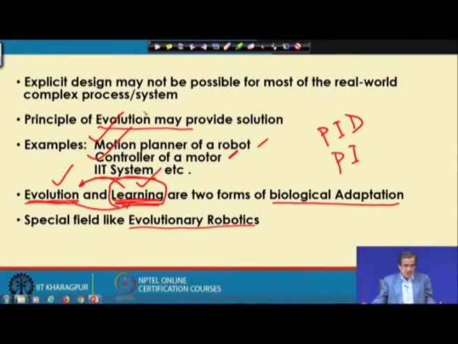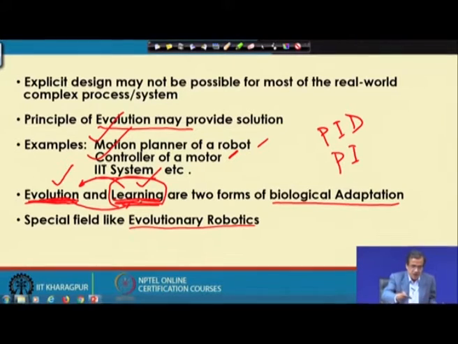Now, let us see this particular principle in detail. Before I go for that, let me tell you that we use an artificial tool for evolution, that is nothing but the genetic algorithm, and we use another artificial tool for learning, that could be either neural networks or fuzzy logic technique, and we will try to evolve this neural network with the help of the genetic algorithm.